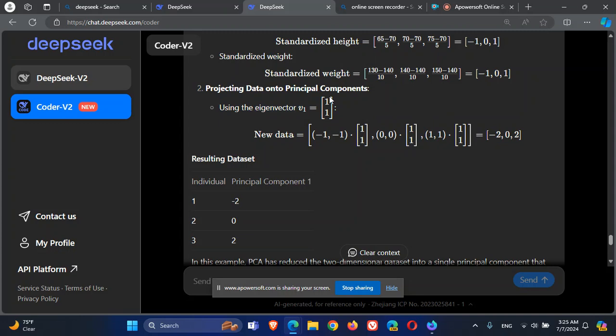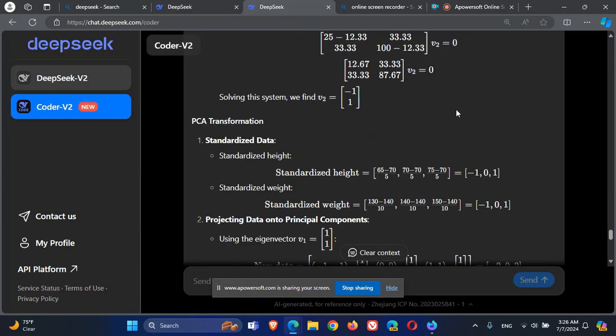I will project the data using, let's say, inner product if you want, or scalar multiplication, or whatever you want to call it, to project the normalized data onto this eigenvector which corresponds to the biggest eigenvalue of the covariance matrix, to capture most of the variance between individuals and to reduce the dimensions.